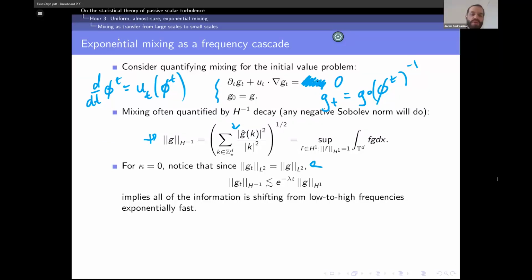Now, it's a small detail, but it's important to note that you will always get some kind of positive regularity on this side if you want to get a negative regularity on this side. This is because the problem is time reversible. And so if you want to know that you're shifting from low frequencies to high frequencies, you need to know that you're starting at low frequencies. Because if you start at high frequencies, you could shift from high frequencies back to low frequencies and then back to high frequencies again.